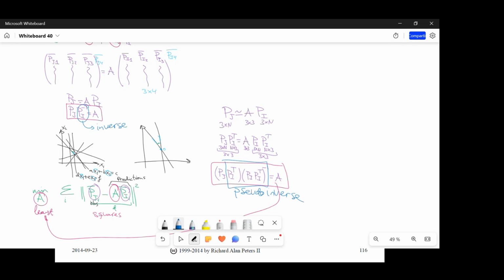You have this matrix here, you want to solve for A, so you have to turn it to the other side. This is a nice way of turning it to the other side. And if you want to put more names, this is the pseudo inverse of the matrix. So now we know how to calculate the solution.